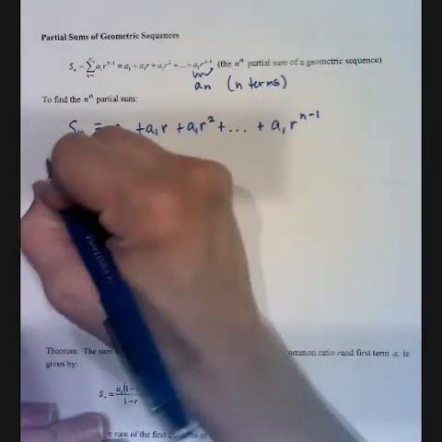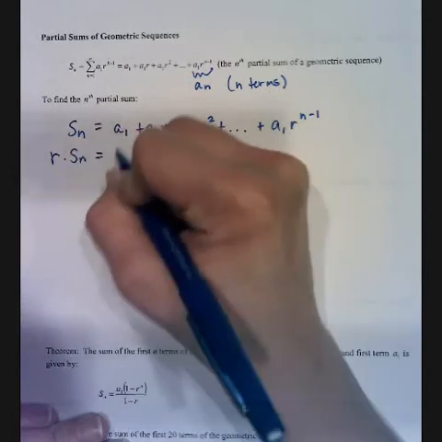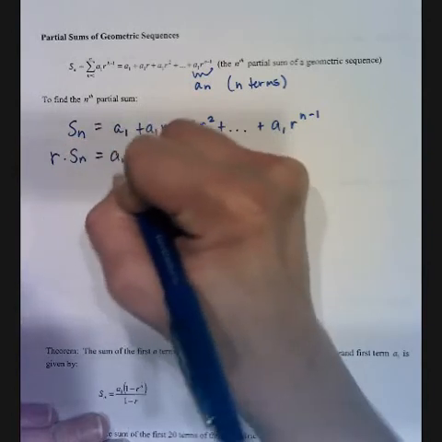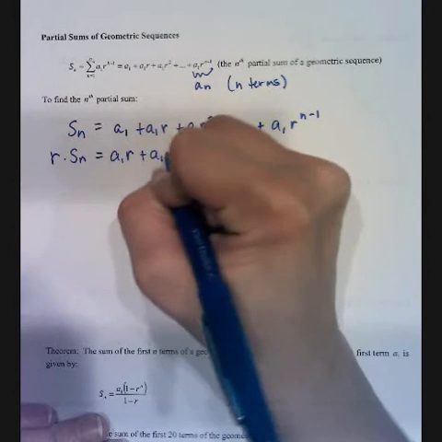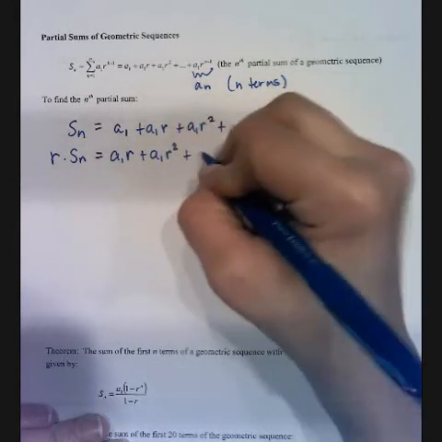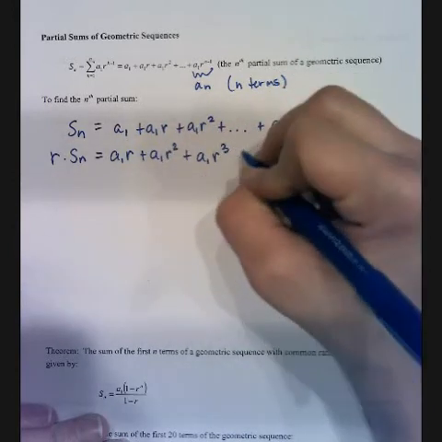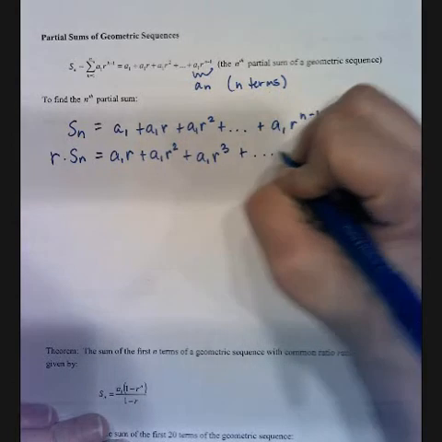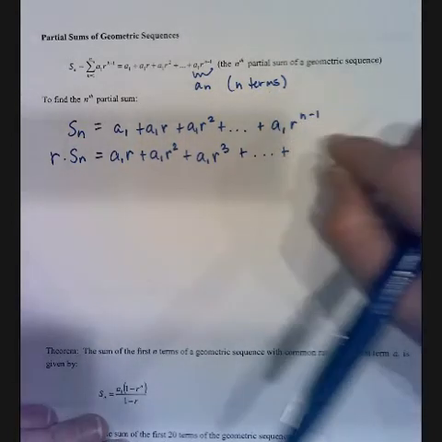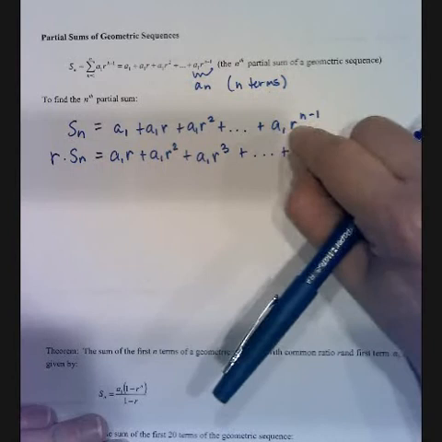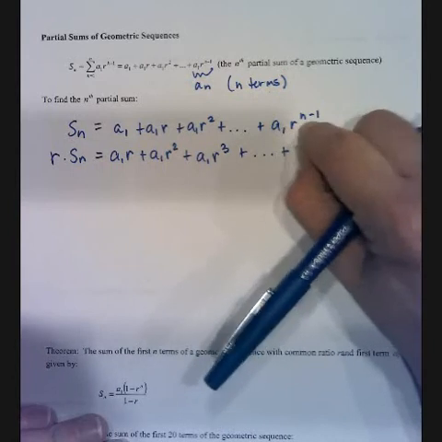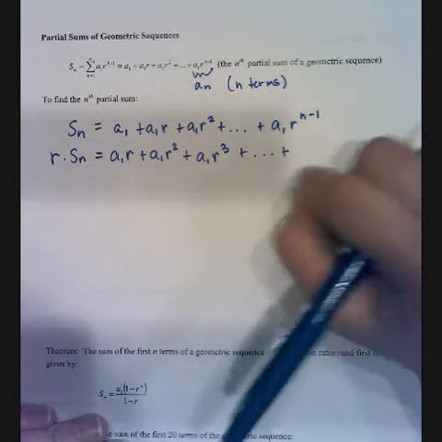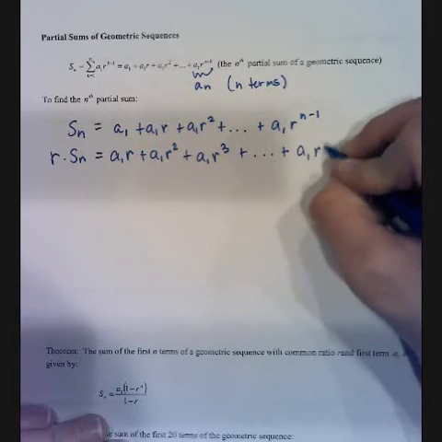So r times s sub n is equal to a sub 1 r plus a sub 1 r squared plus a sub 1 r cubed, etc. The last term, when you take it times r, will be a sub 1 r to the n. The term before it will be a sub 1 r to the n minus 1.